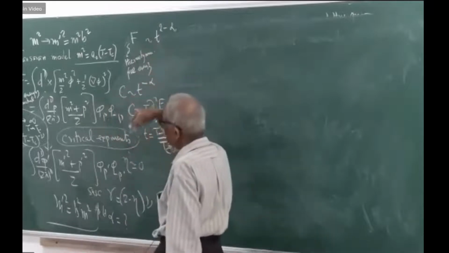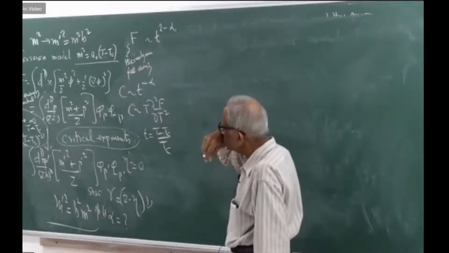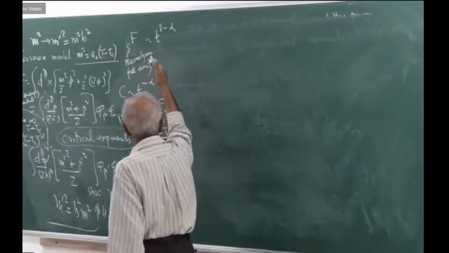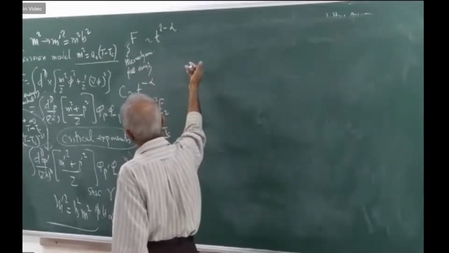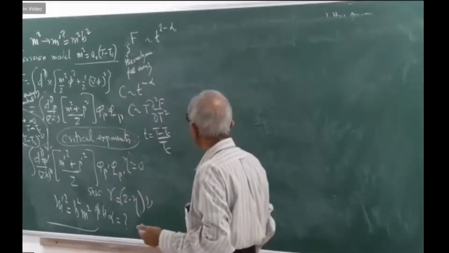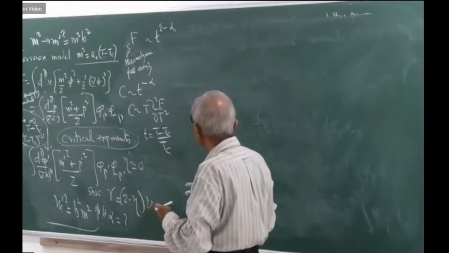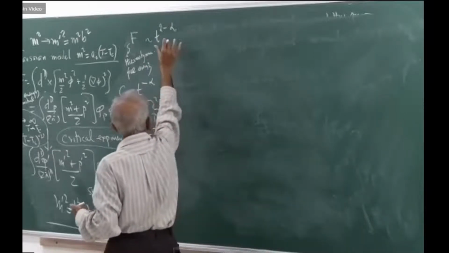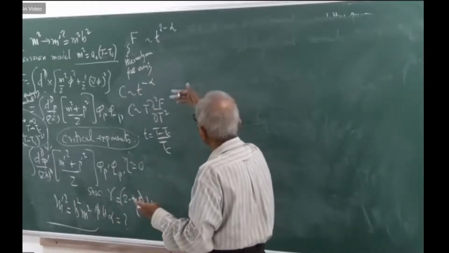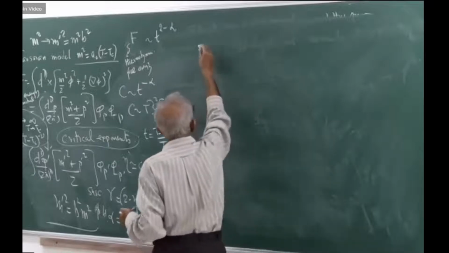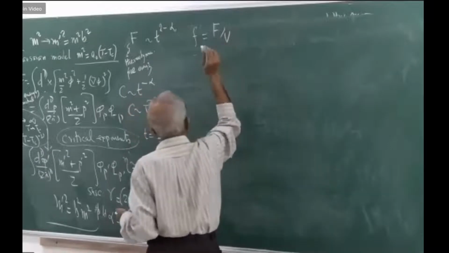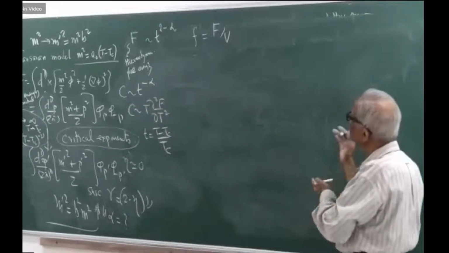This F is an extensive quantity. So extensive quantities are proportional to the volume. Volumes change under the rescaling transformation, and therefore, if I'm going to pick up the thermodynamic alpha from over here, the more convenient quantity to use is the free energy per unit volume, where the extensive part is taken out.